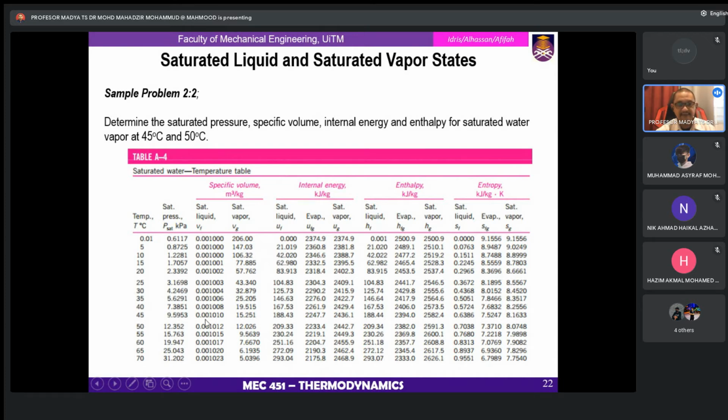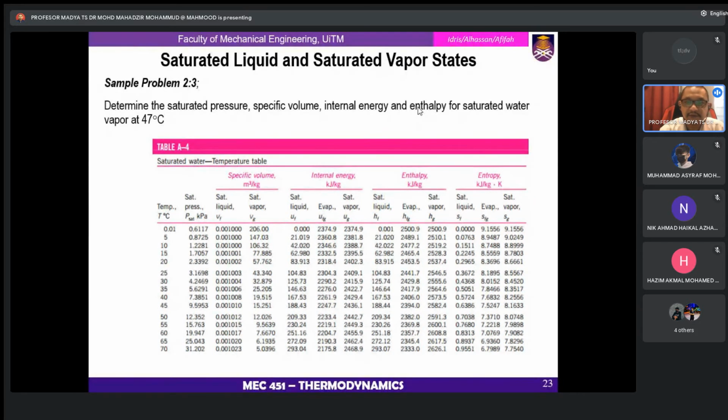So for 45 Celsius, the answer is 0.001010. That is the specific volume. The others are the same. You can do the exercise yourself after this. That is for problem number 2.2.